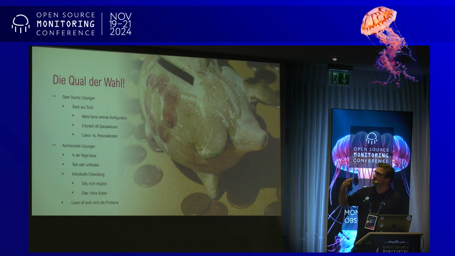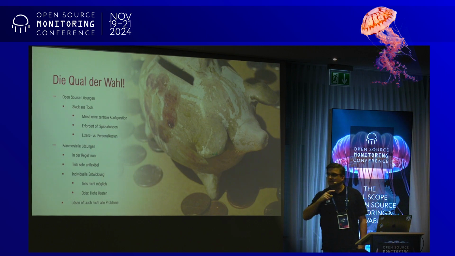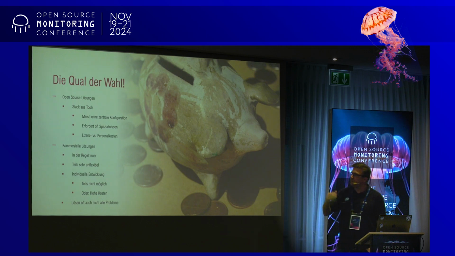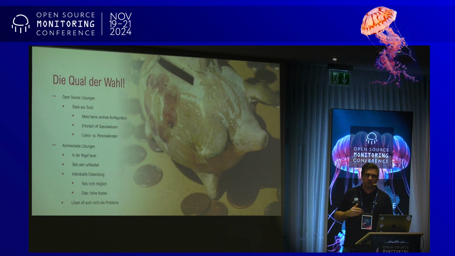You can use a stack of tools. Open source is cool, but you have multiple tools, you have to configure all of them, and it might become very complex because you need the knowledge of every tool. So you need the knowledge of Grafana, Prometheus, Icinga 2, Checkmk for all of your instances. Or you can buy some commercial products.